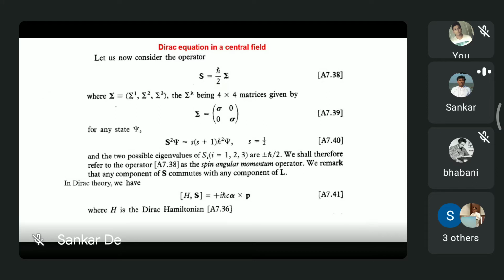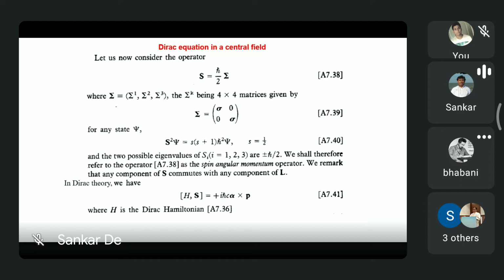So what Bhavani has said, this is also a helicity operator, depending upon how you use it later on. It's just a polarization, as you said. If it is left-handed, then it is spinning left-handed. Left-handed means, if we look from the top, it is clockwise. Right-handed means, if you look from the top, it is anti-clockwise.